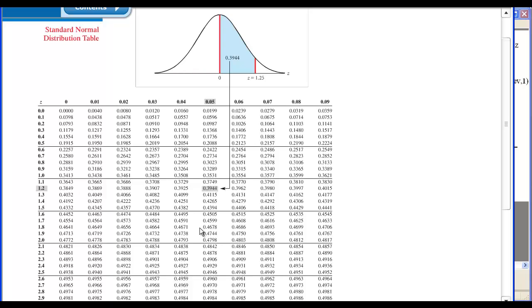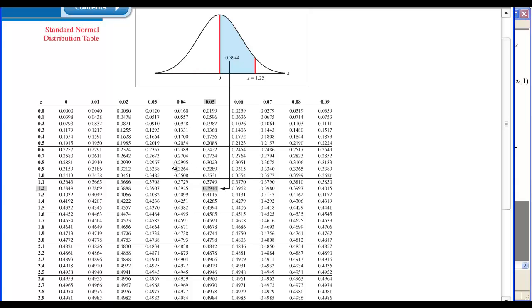Since we know the percentage value is 0.300, we're going to look at the inside of the chart for 0.300. It starts at 0 there and goes to 0.4990 here. So 0.300 is somewhere between these two values, closer to this one.